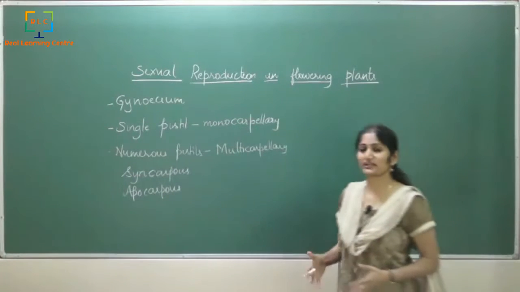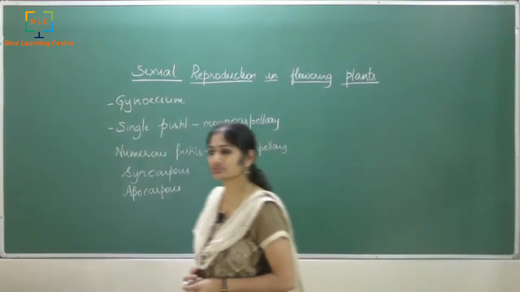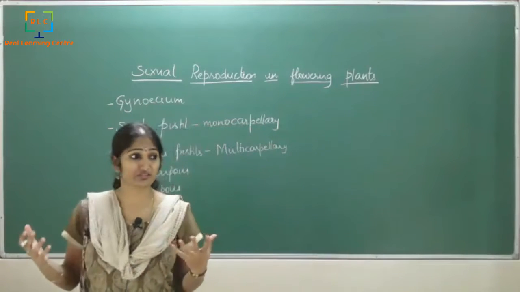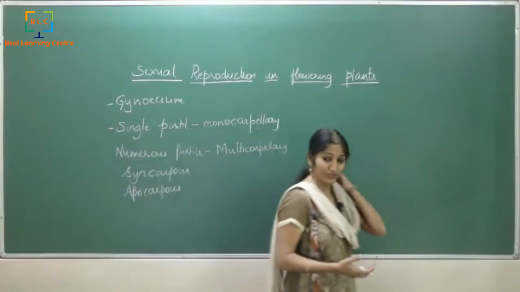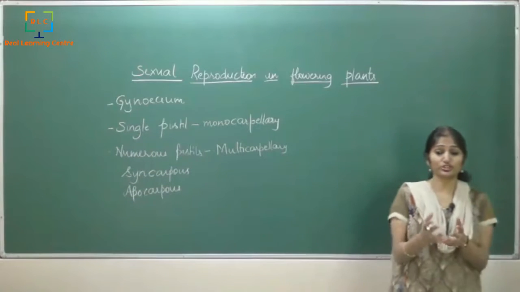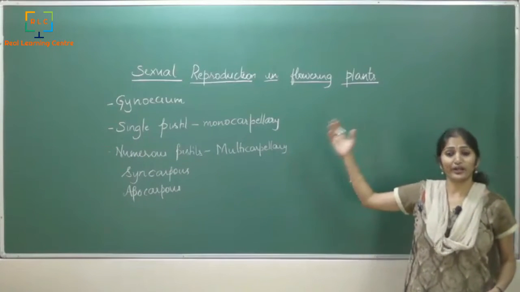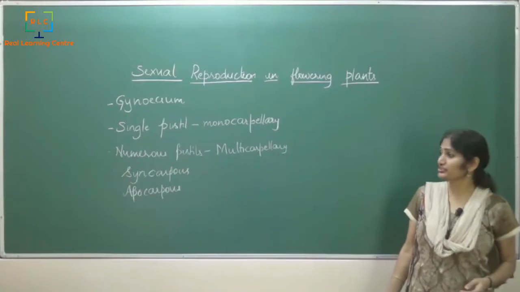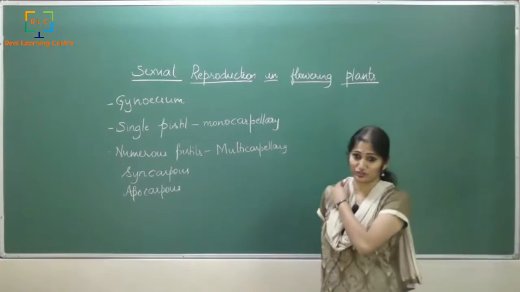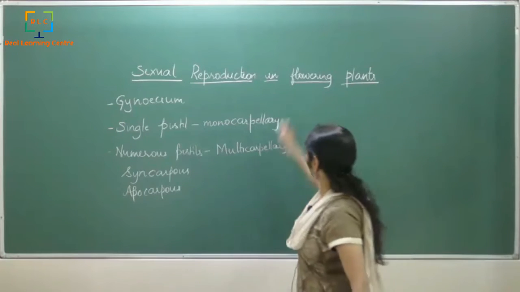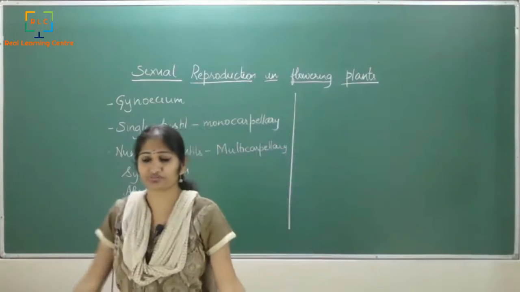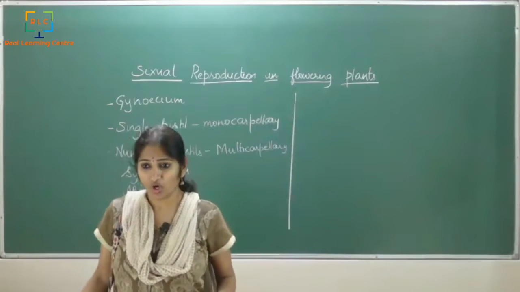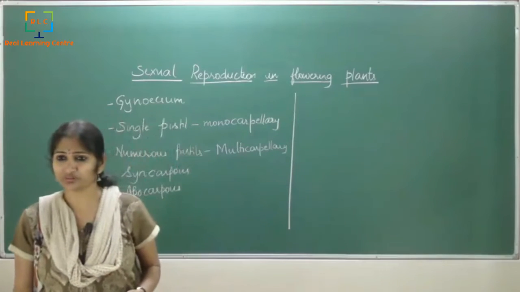All this diversity is required because depending on where the plant is growing, how the pollination should take place, and how the seed should germinate, you have varieties of gynoecium seen in nature, right?